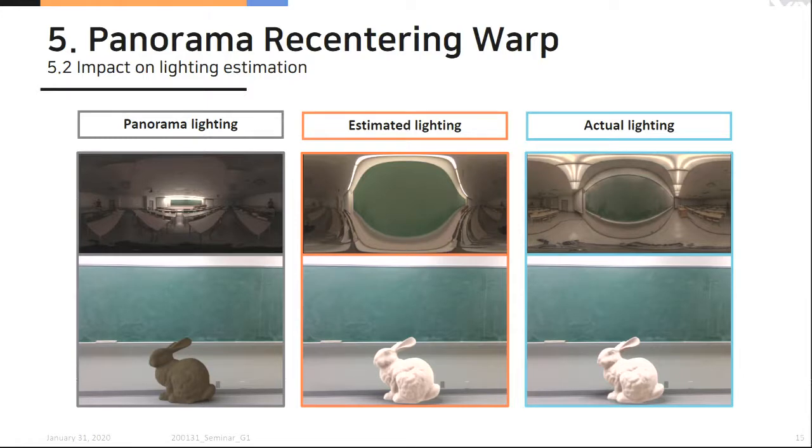Imagine that you wrap this environment map onto the sphere. Yeah, this one. Then you see the lights on top of the image. That's like relighting the bunny.